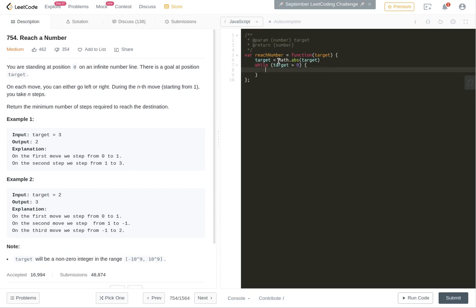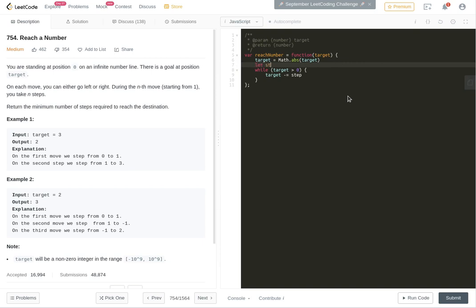Which is not a lot of magic actually, we're just going to keep subtracting. So we're going to subtract the index, the number of the steps that we're on. So the steps, which we never defined. So let's define steps.